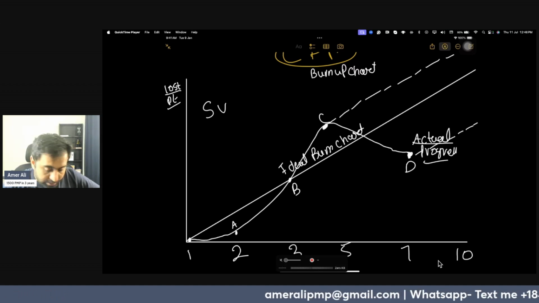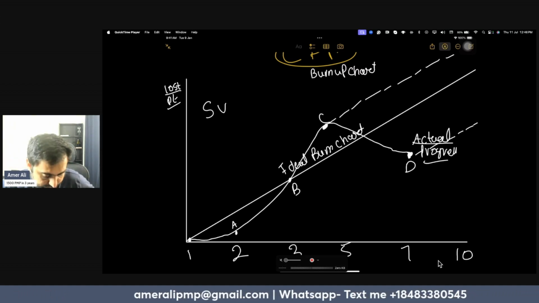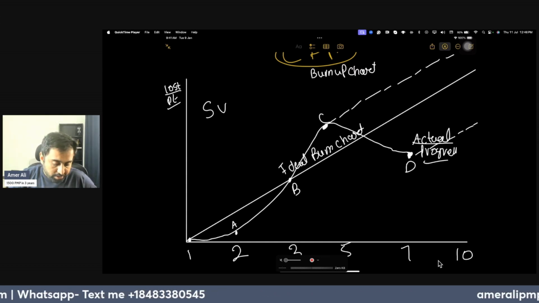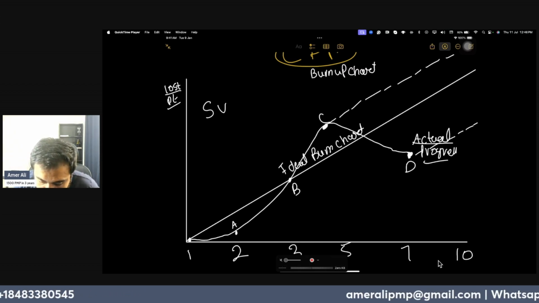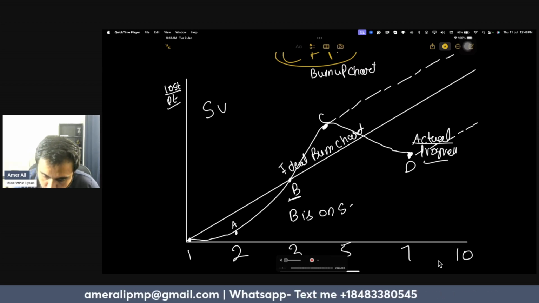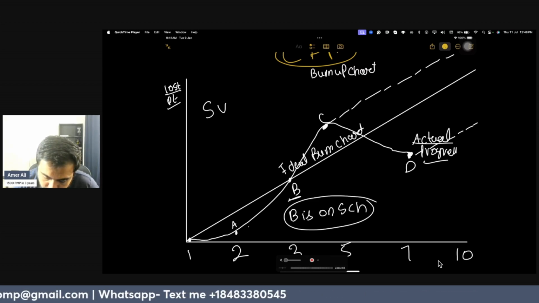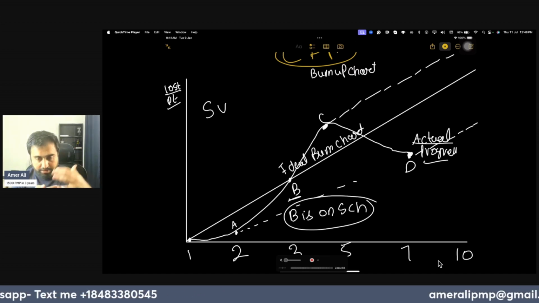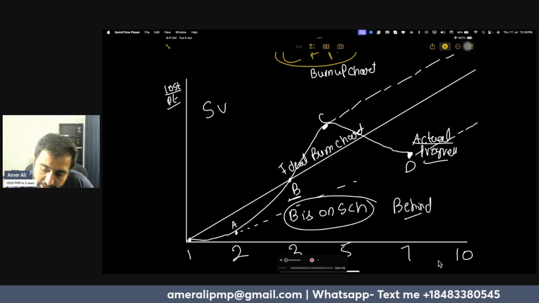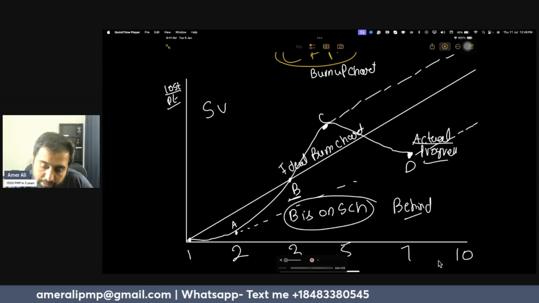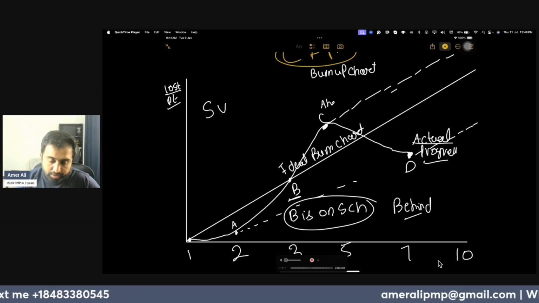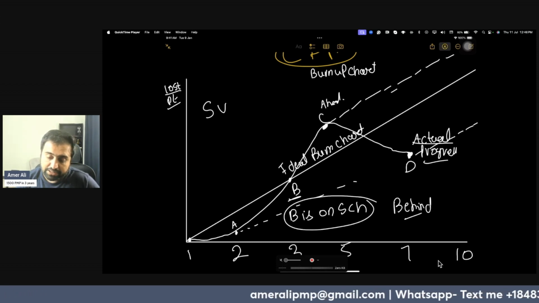So point B is on schedule. Point A or point D, when you are down, you are behind schedule. Here you can complete more work in those 10 days. So C is ahead of schedule. That is thing number one that the exam can ask.